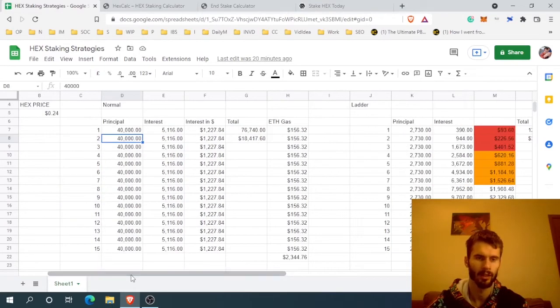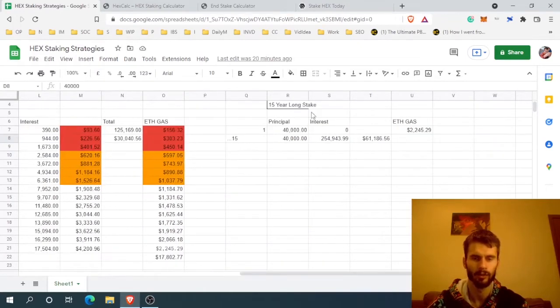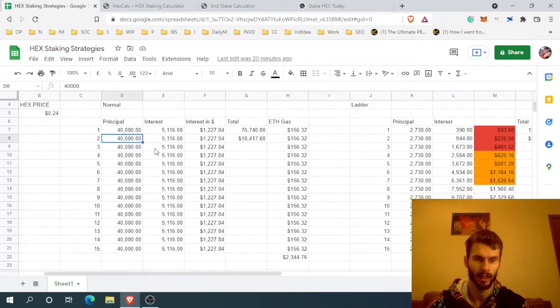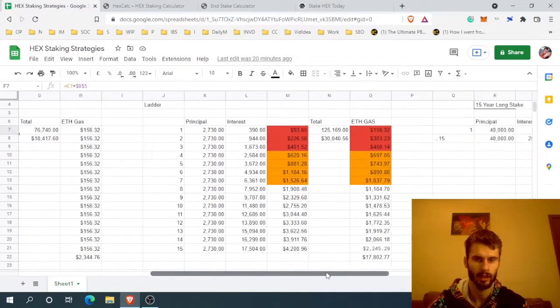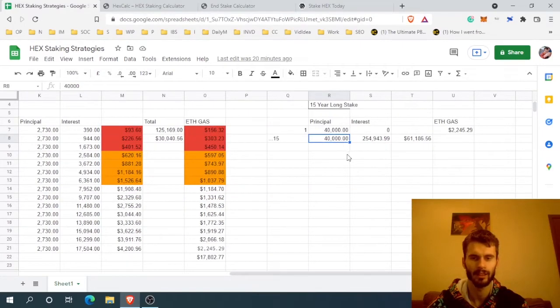But what is the benefit of this strategy of doing it year by year versus a 15-year long stake? Well, here, every single year you get money that you can use for whatever expenses you have. And when you have a 15-year long stake, if you suddenly need the money for something and need to spend it somewhere, you're in a huge problem, as when you stake Hex and you decided to stake for 15 years and you don't stake for the whole period, you get penalized.